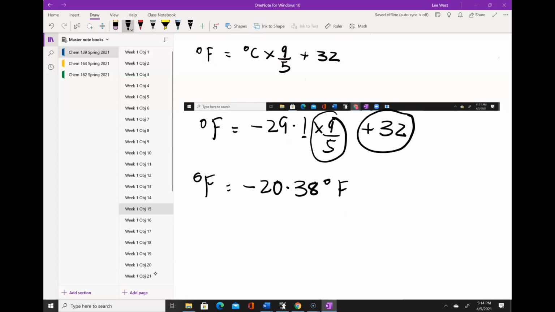So what that means is we're going to give our degrees Fahrenheit to the 0.1 position. So it's going to be minus 20.4 degrees Fahrenheit, because we're going to round there, and 8 is bigger than 5, so we're going to go up by 1 in that last digit.